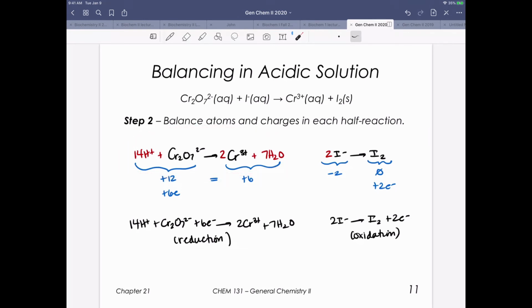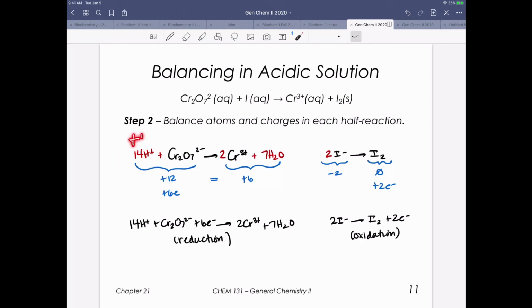All right, looking at my right side, water contributes no charge, and I've got 2 metal cations that have a +3 charge. So the net charge on the right side is +6. If we look over on the left here, I've got 1 thing that's -2 charge, and I've got 14 things that are +1 charge.